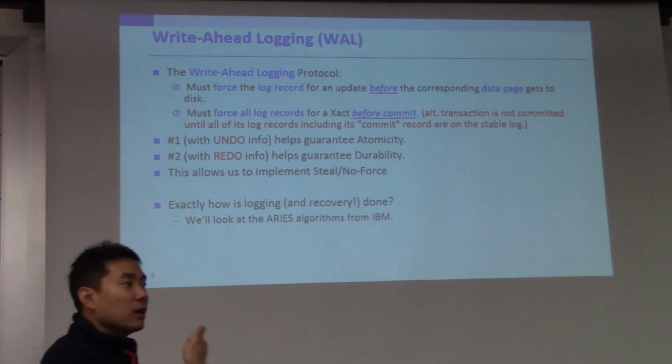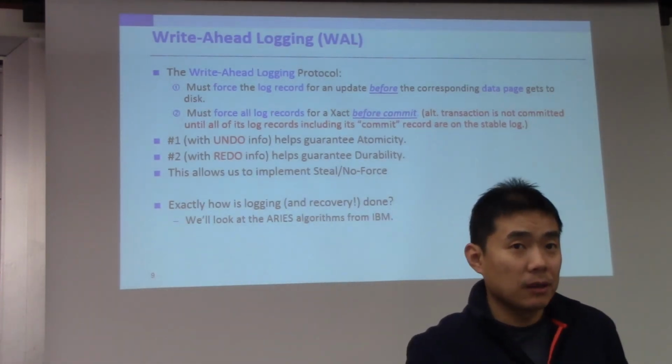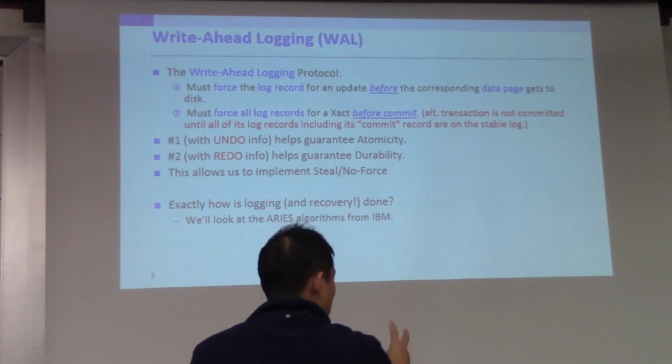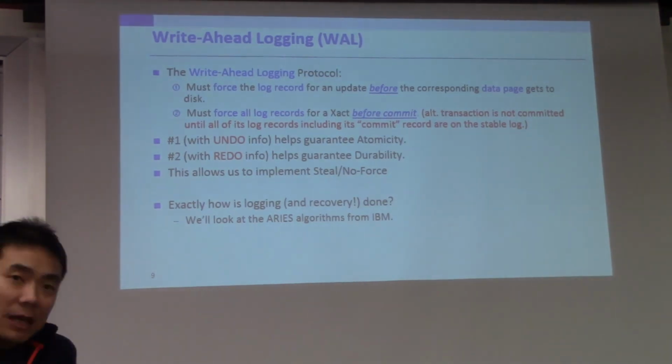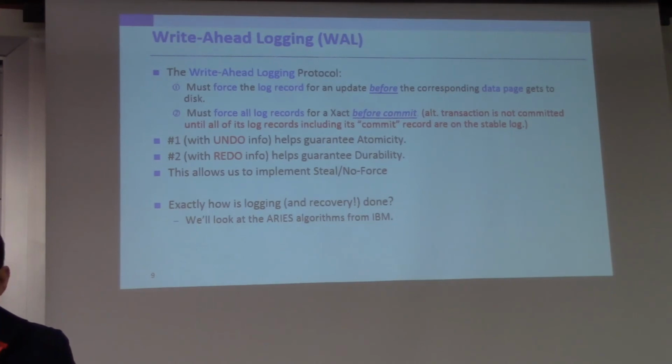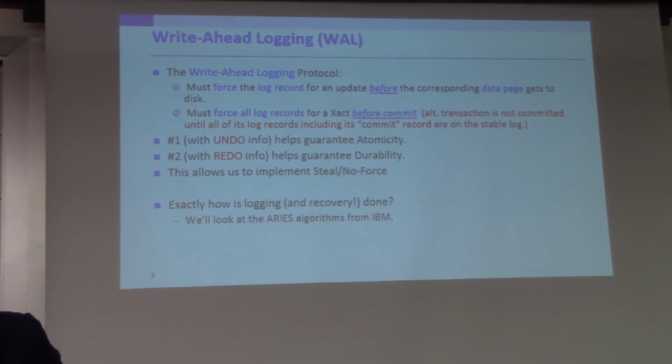Force says you can only commit if the corresponding updates are already on disk. So force in terms of log says the following: the log record corresponding to an update must have been stored on disk before that particular update can actually be reflected on disk.